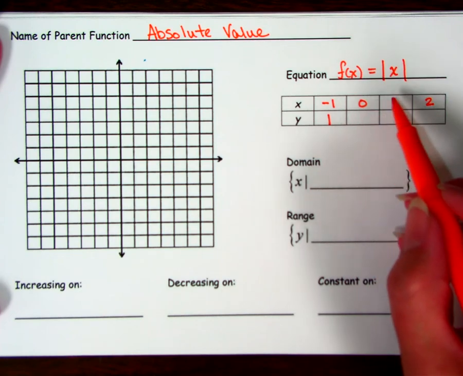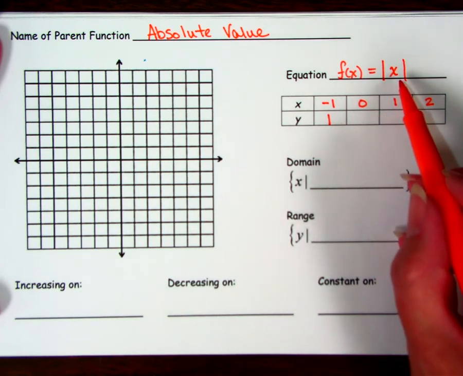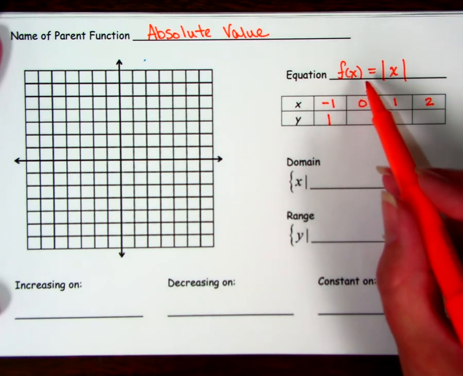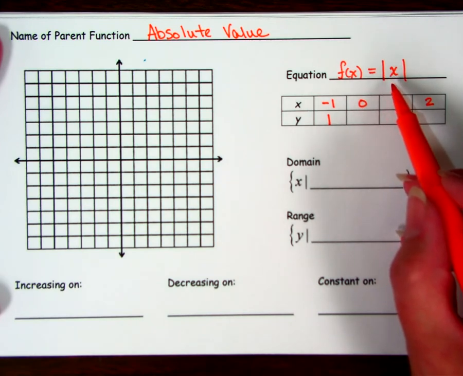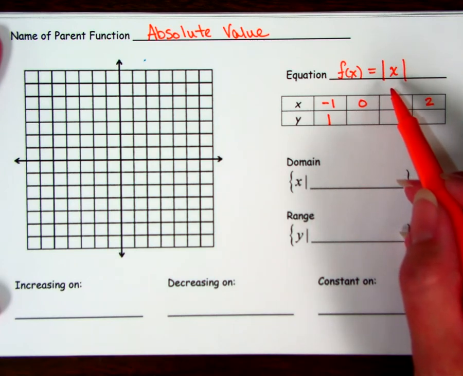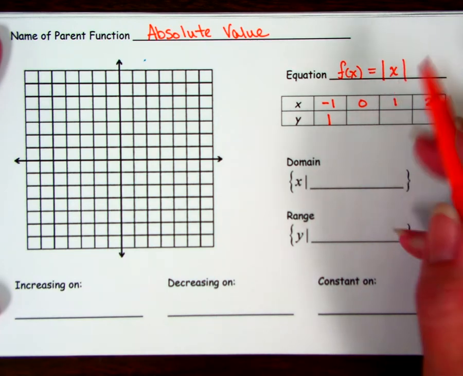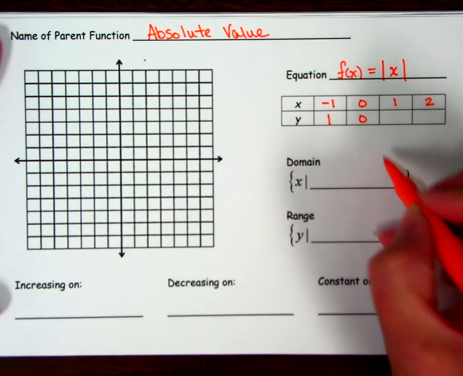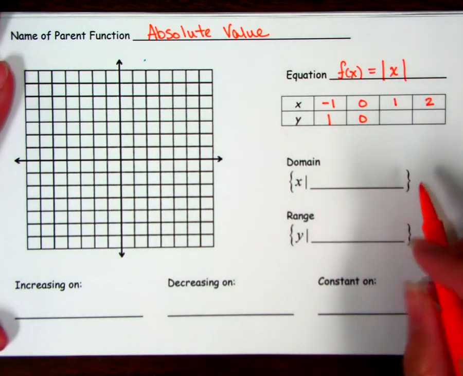Now if x is 0, this would say that y is equal to the absolute value of 0. So that's asking how far is 0 from 0 on a number line. Now 0 is 0 units from 0, so the y value would be 0.